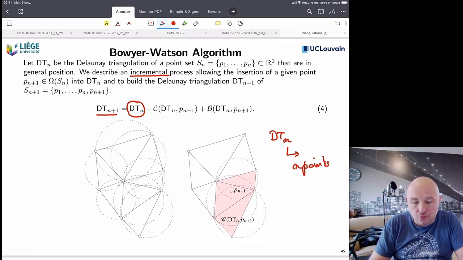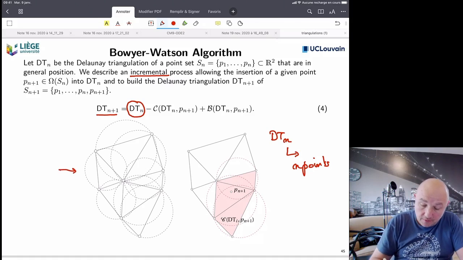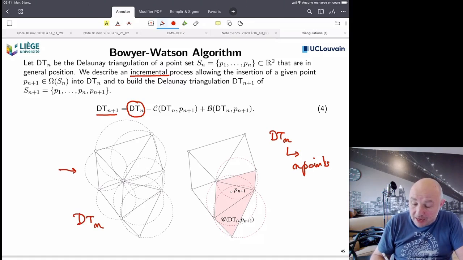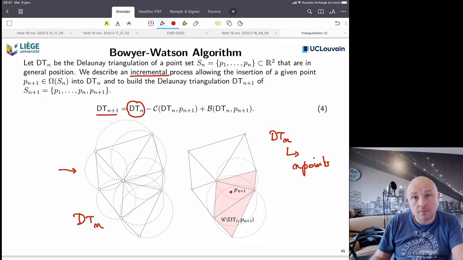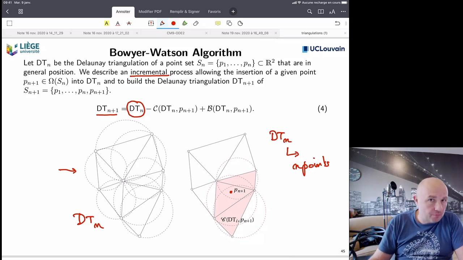So what do you do? You have a Delaunay triangulation here. This is DT n. And I'm going to add a point here. Okay? What do I do? First, you must acknowledge that there is a certain number of triangles that will be removed.